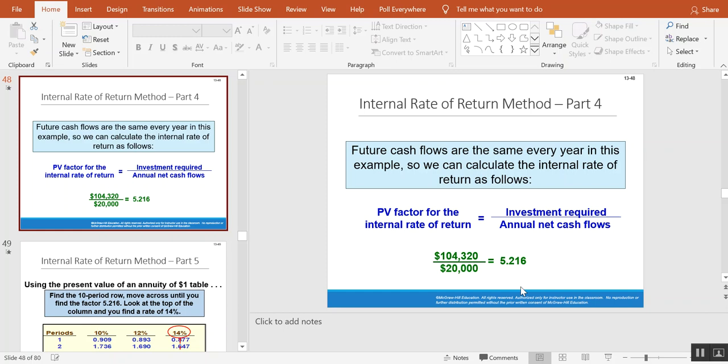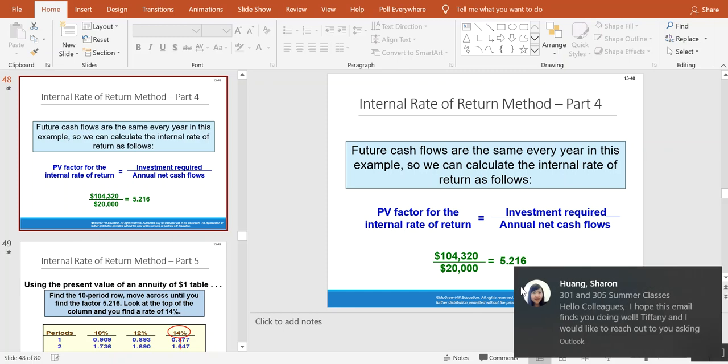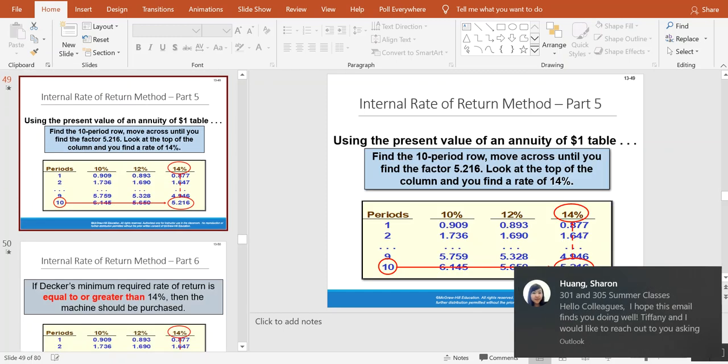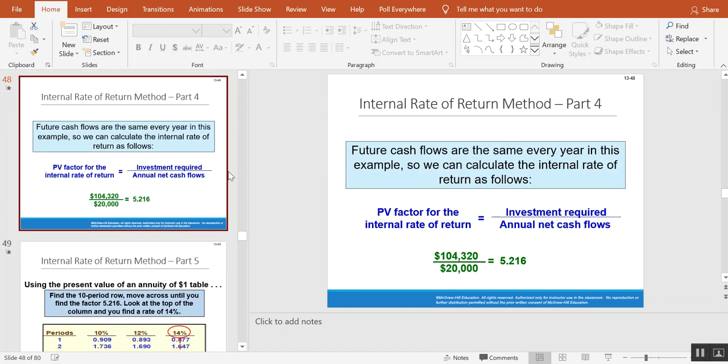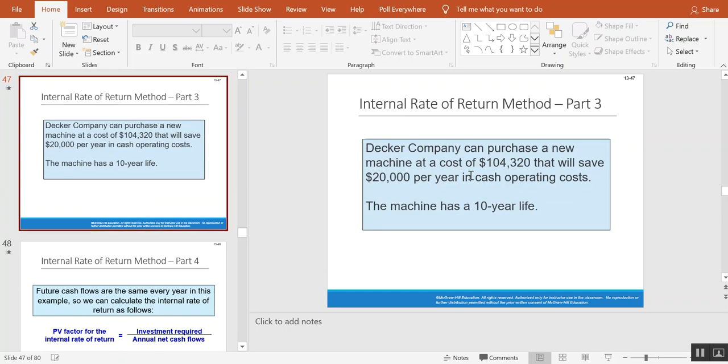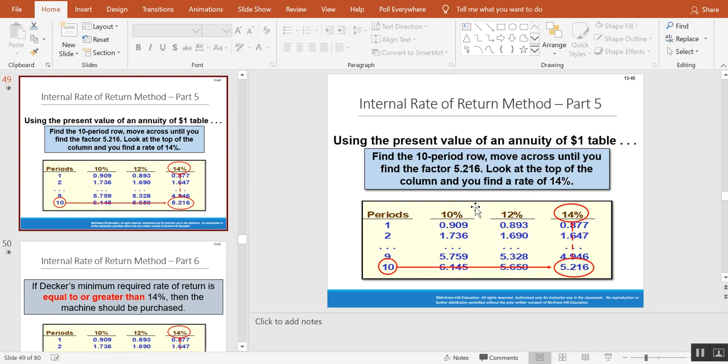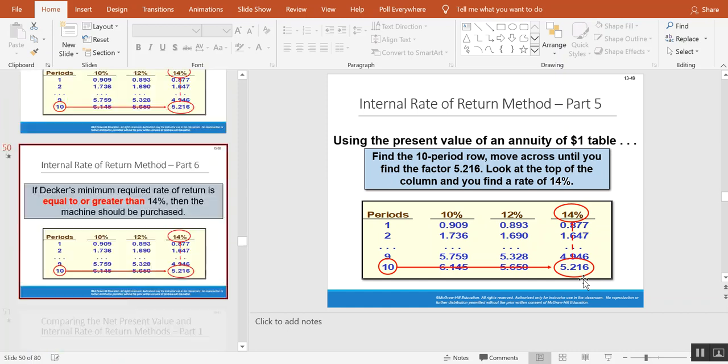And by the way, this present value factor is an annuity. So if we look at this table that they've reproduced here, it's an annuity table. You're looking for the factor of 5.216 somewhere on this table. So what we find, and you have to have a 10-year period, by the way, is that we're looking at a 10-year period where the factor is 5.216. You locate it under 14%, so that means the internal rate of return is 14%.